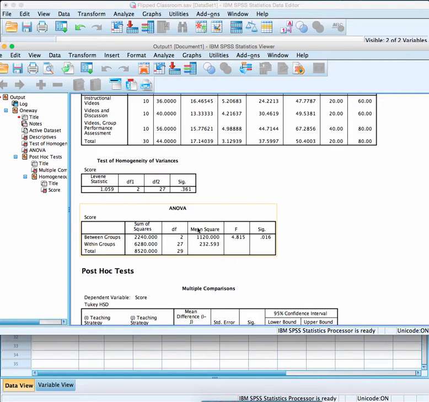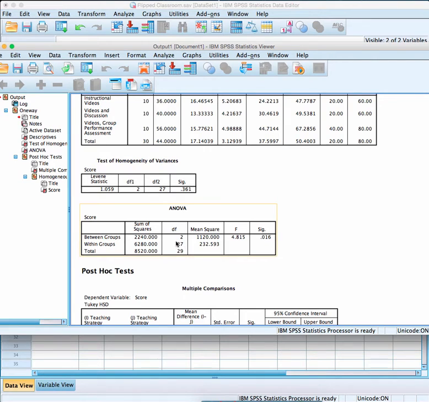Now, the mean squares are determined by dividing the degrees of freedom into the sum of squares. To get the degrees of freedom for our between groups factor, it's the number of groups minus 1. So in this case, we have 3 groups minus 1 is 2. And so 2 into 2,240 is 1,120. So that's the mean square for the between groups variability.